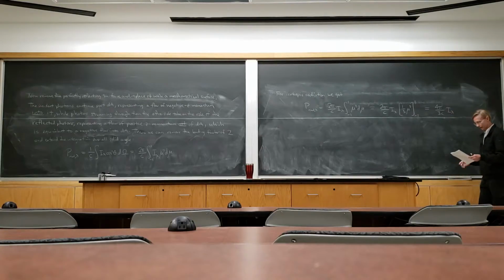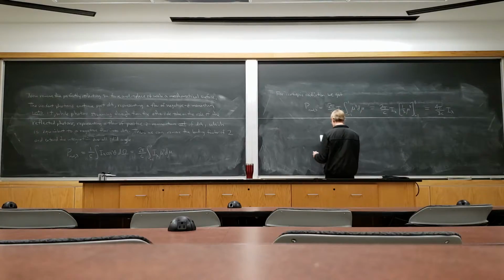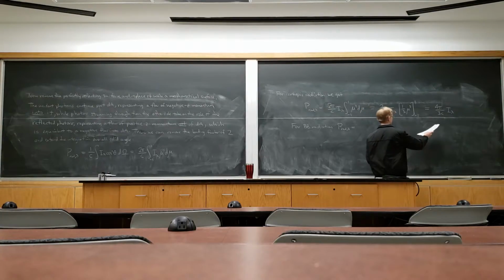Okay, go to black body radiation. That's always an interesting case too. For black body radiation, this says that P rad lambda is equal to 4 pi over 3c B lambda, because I lambda is B lambda for black body radiation.